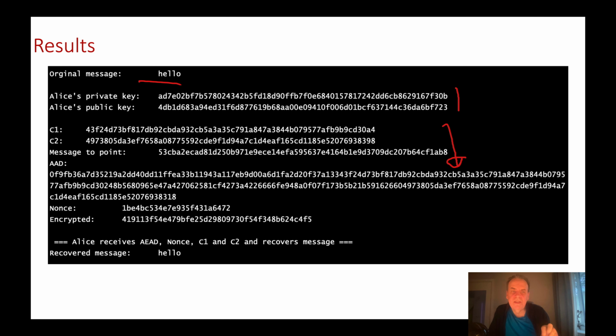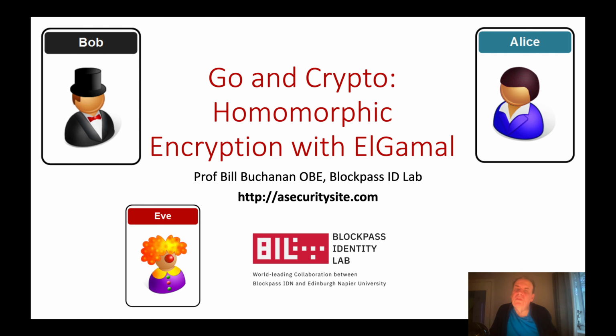There's the nonce, which is used in the encryption process, the encrypted value, and then we end up with a decrypted value. Okay, so hopefully that's outlined how we can use ElGamal with elliptic curves and create efficient encryption. Thanks.